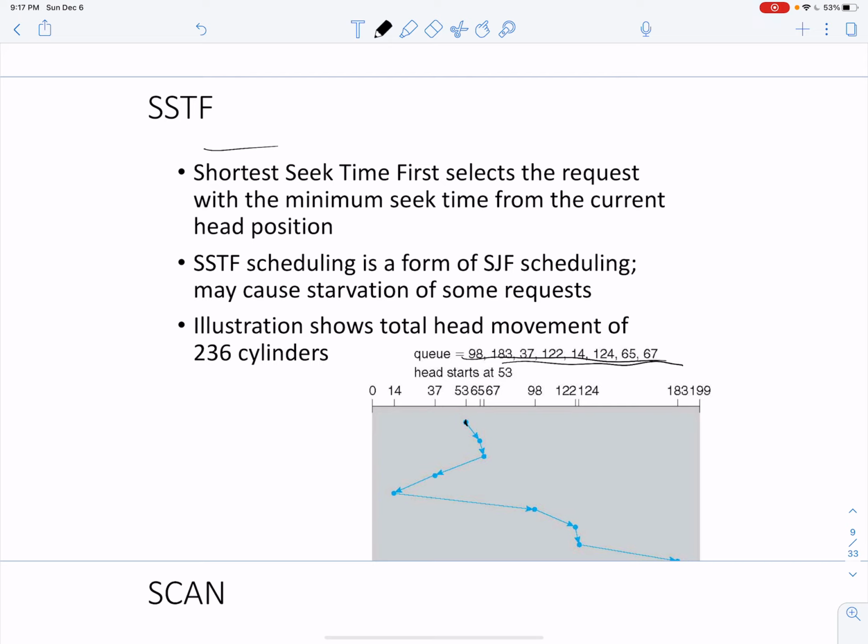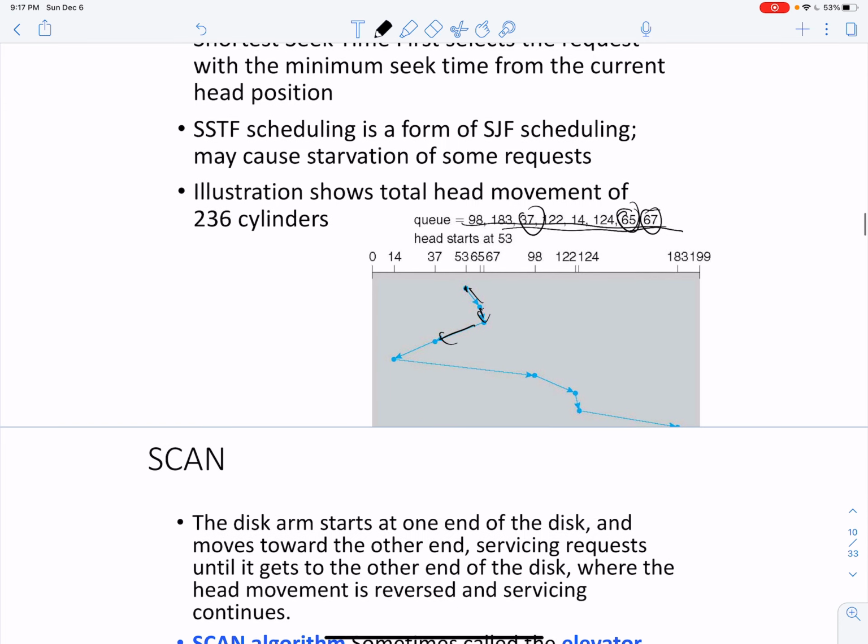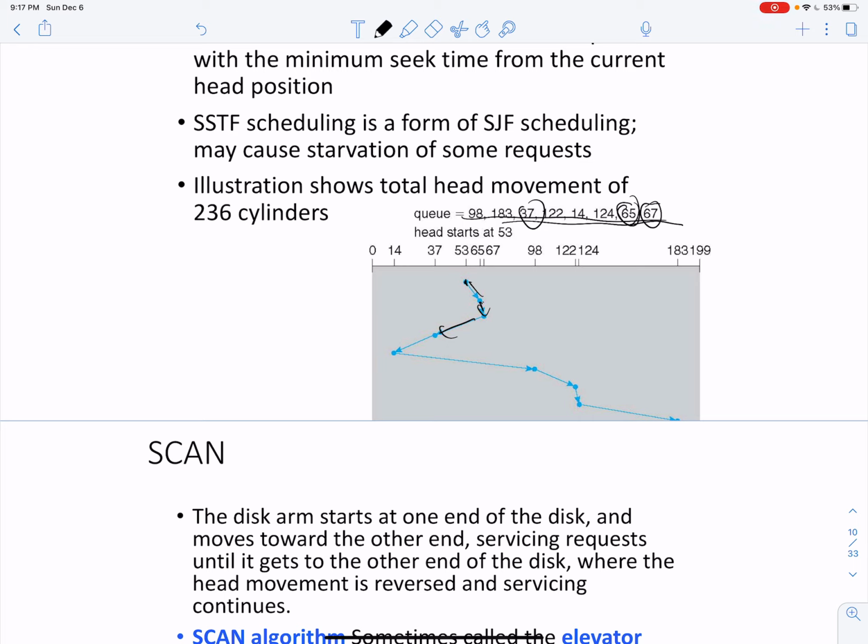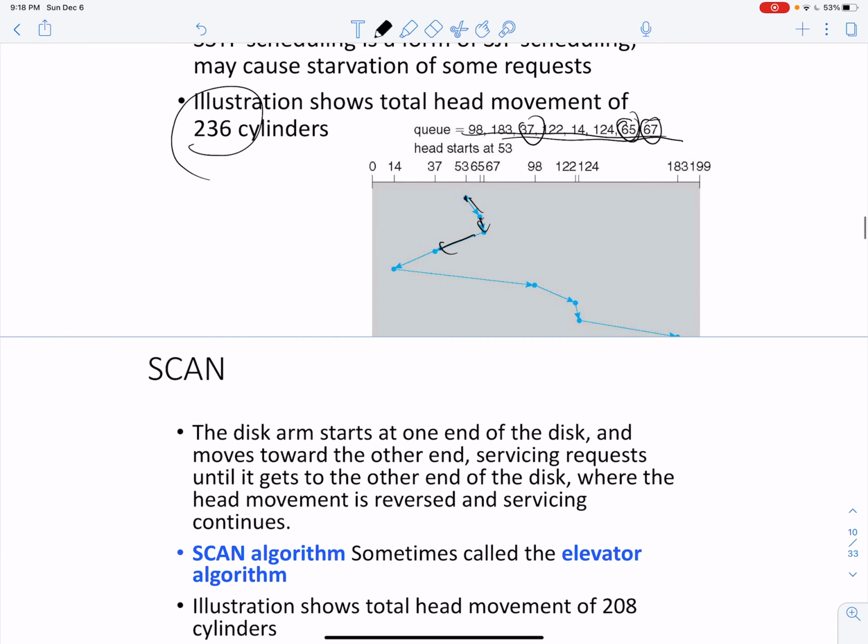Given this sequence, we're going to move it to 65, which is the closest one to 53, and then to 67, which is the closest to 65, and then to 37, which is the closest to 67. Here you can see that in total we only end up with 236 cylinder moves, and this is around 1/3 of the seek time compared with the FCFS algorithm before.